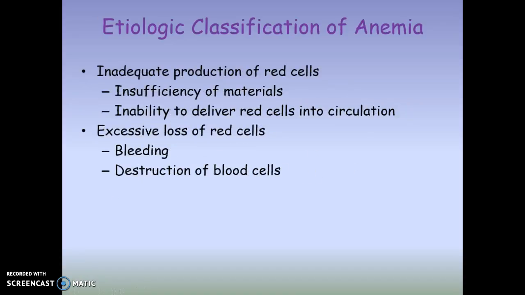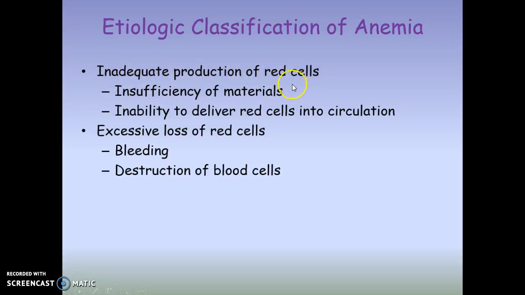Now, the etiological classification of anemia. How do you classify anemia? It's an issue of inadequate production of red blood cells. Is that why anemia is developing, or is it because of excessive blood loss? This is an important slide to actually memorize. Anemia can be classified as an inadequate production of red blood cells.